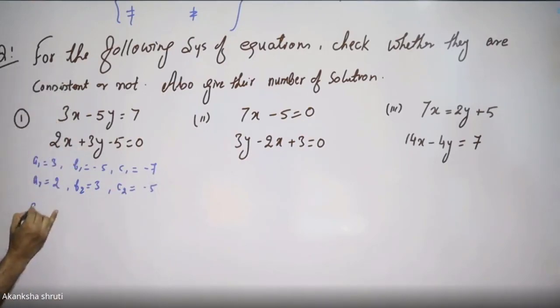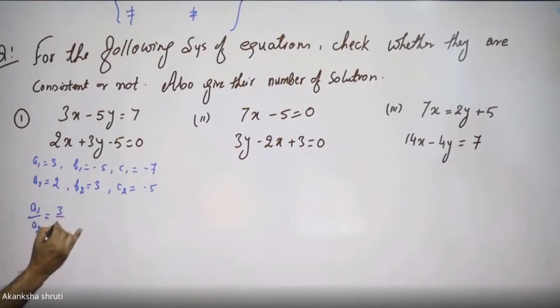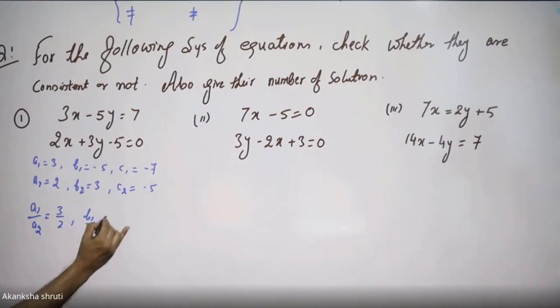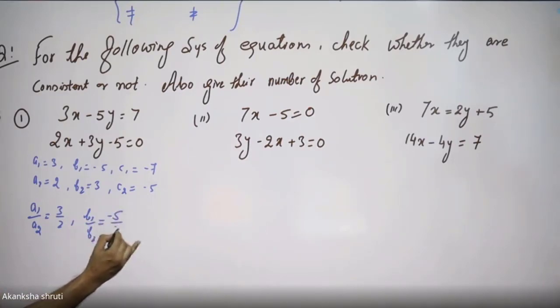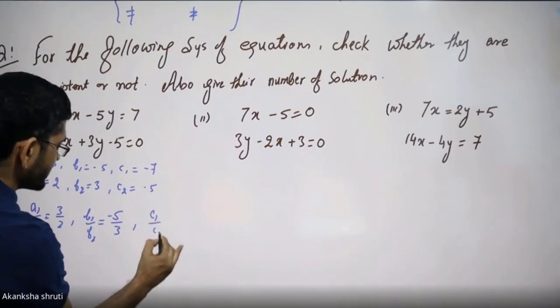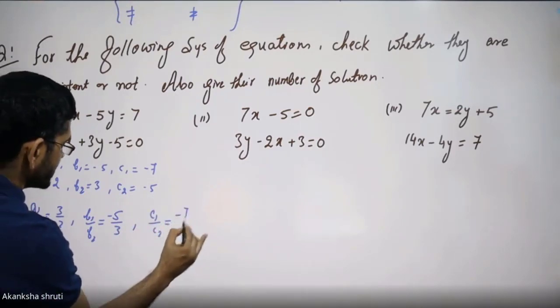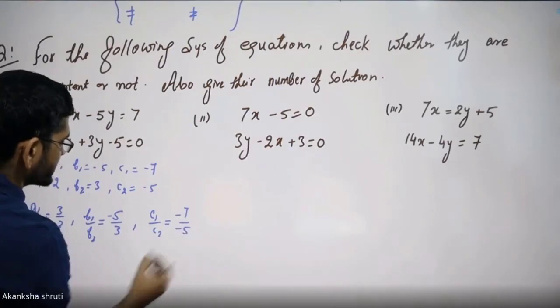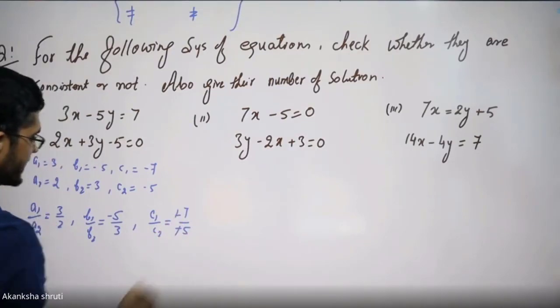Here take the ratios. What is our a1 by a2? It is 3 by 2. Here b1 by b2 is minus 5 by 3. Student, we can also write c1 by c2 as minus 7 by minus 5; the minus signs can be cancelled.